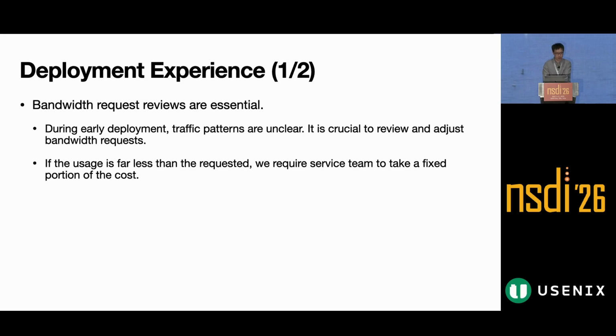Based on our operational experience, service team often overestimate their bandwidth needs, leading to inefficient resource allocation. To address this, if the usage is far less than the requested, the service team is responsible for a fixed portion of the cost.